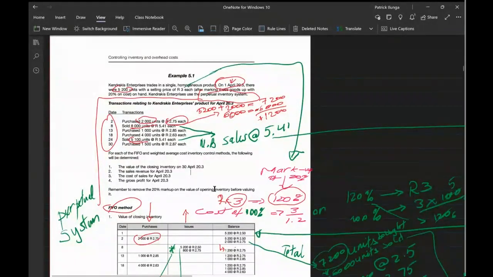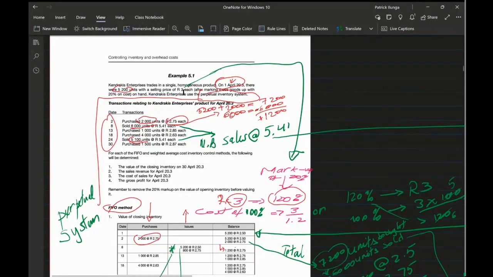Okay, so this is what you have. They're saying that this is a selling price. That selling price actually came from a markup. Good information. Just retain it. But there were already units in, and those units we can call the opening balance. So we started with 5,200 units at a selling price of 3 rand.